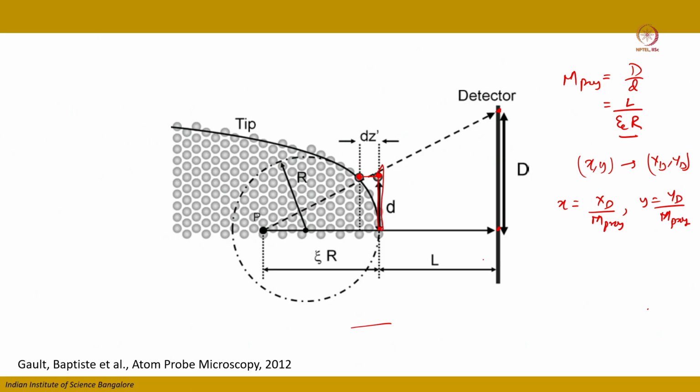So we need to correct for this factor because it is a projection. We have calculated dz, and now another correction has to be added which takes care of this plane tangent to the specimen axis.